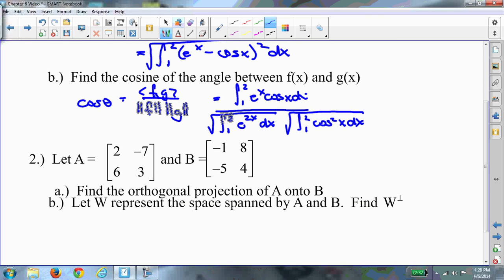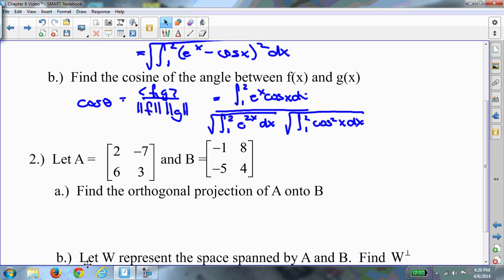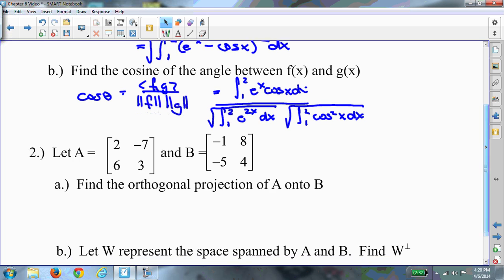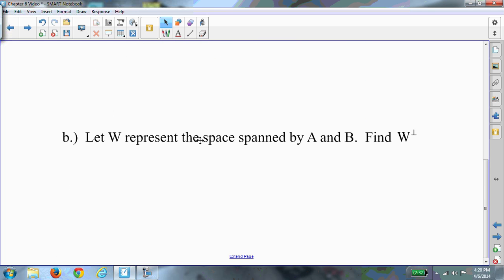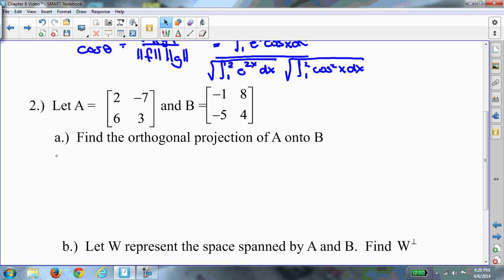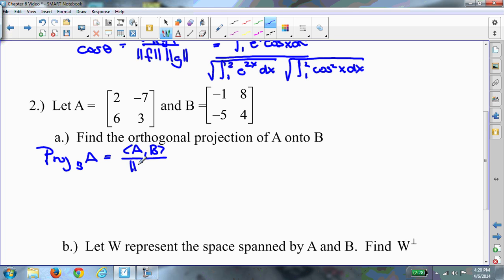Now, if I have two matrices, if I want to do an orthogonal projection, let's start with the orthogonal projection. Okay, so this would be the projection of A onto B, which is, by definition of projections, the inner product of A comma B all over the magnitude of B squared times the vector B. So A inner product B, when you have two matrices, you basically multiply corresponding components and add them up.